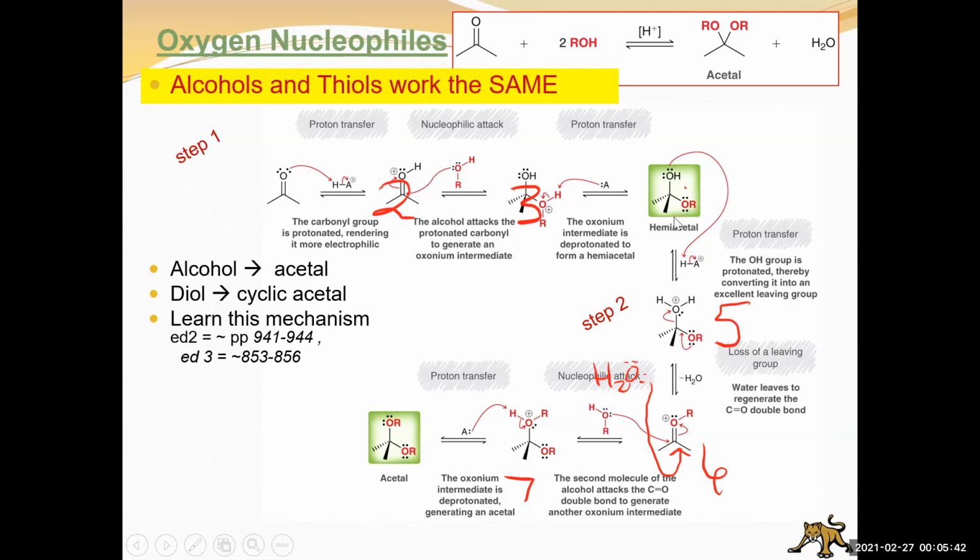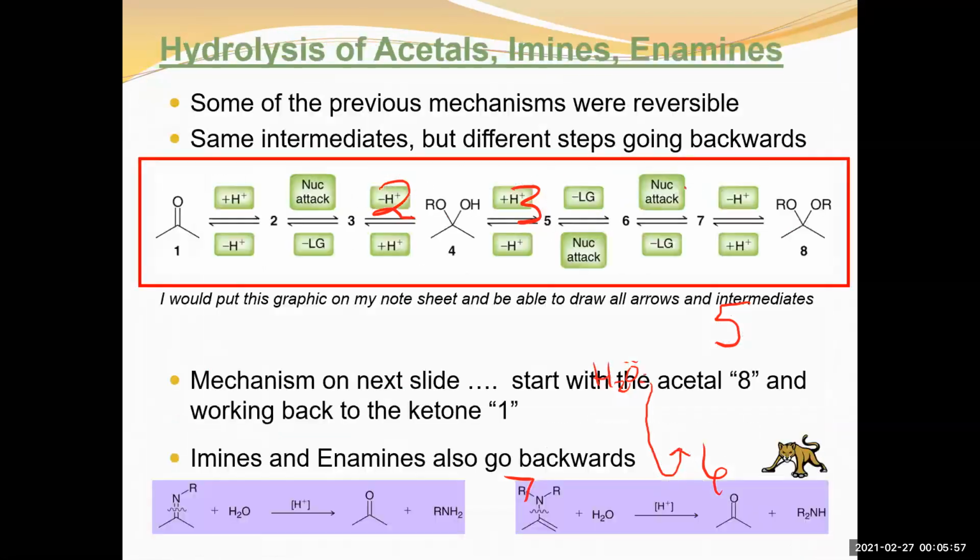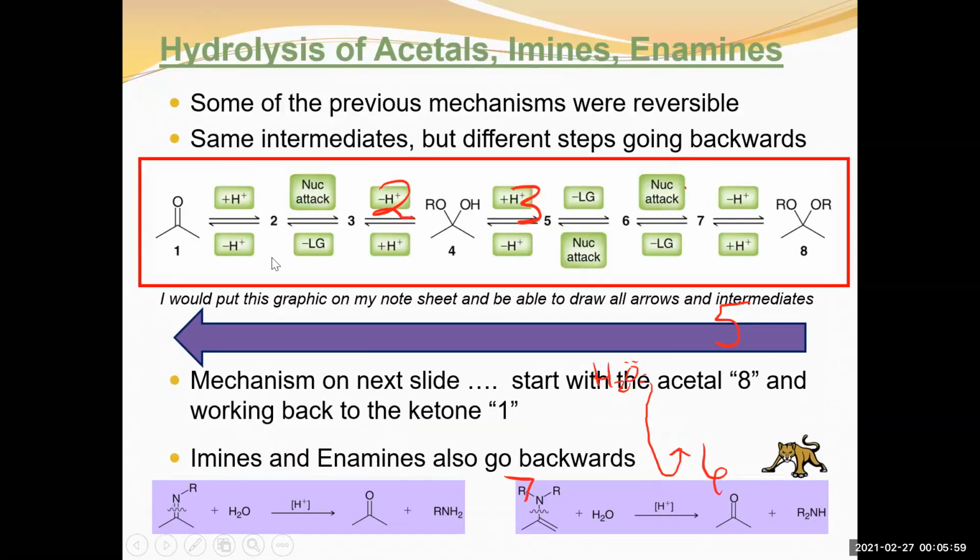To go from molecule 5 to molecule 4, we're going to need to lose one of those protons. So molecule 5 to molecule 4 is going to be a proton transfer, where the proton is coming off.